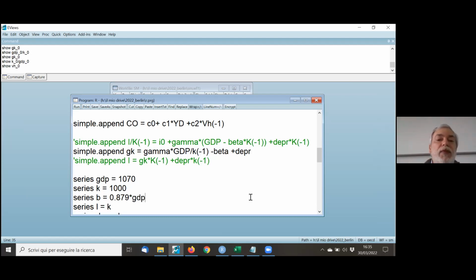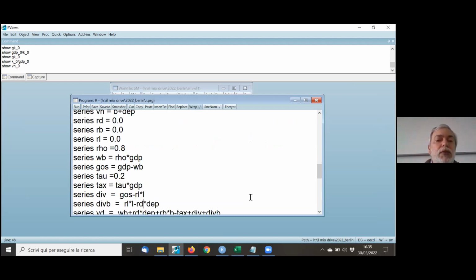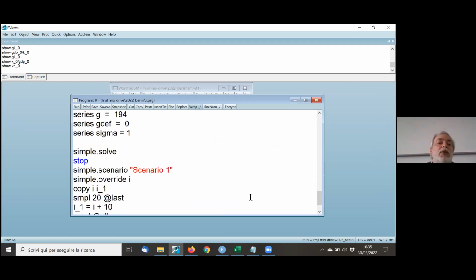So here we have an exogenous income distribution, but we could change the assumption, have that, let's say, part of profits are kept for financing investment. See what happens. So there are several exercises we could do.